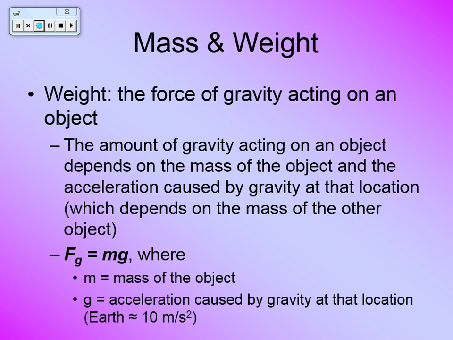I just told you g on the moon is about 2, right? So things on the moon weigh about 1/5 of what they do here on Earth. Not because the mass changes, but because the gravity changes. Okay? Good there.